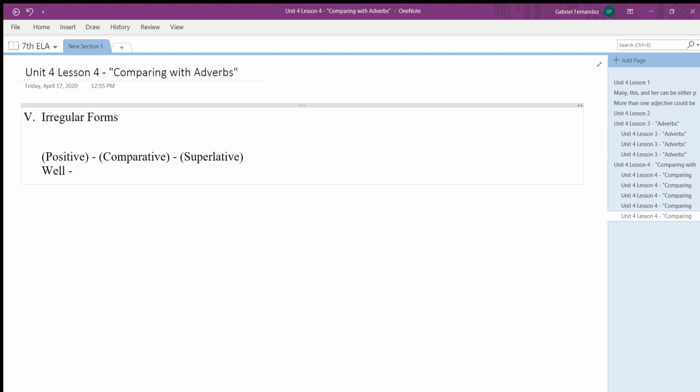Well is the positive form, better is the comparative form, and best is superlative. Badly is positive, worse is comparative, and worst is superlative. Little is positive, less is comparative, and least is superlative.